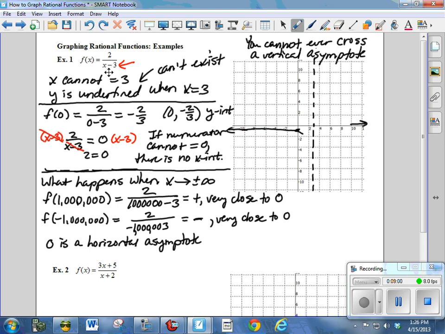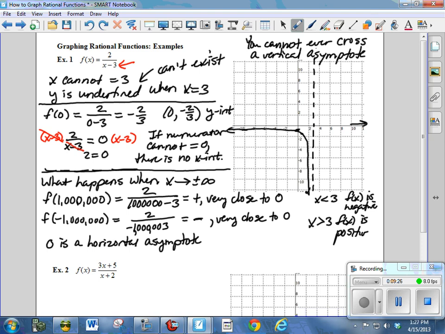If x is greater than 3, then this whole thing is going to be a positive number. So x less than 3, f of x is negative, which means I'm going to have to go down this direction. If x is greater than 3, f of x is positive.